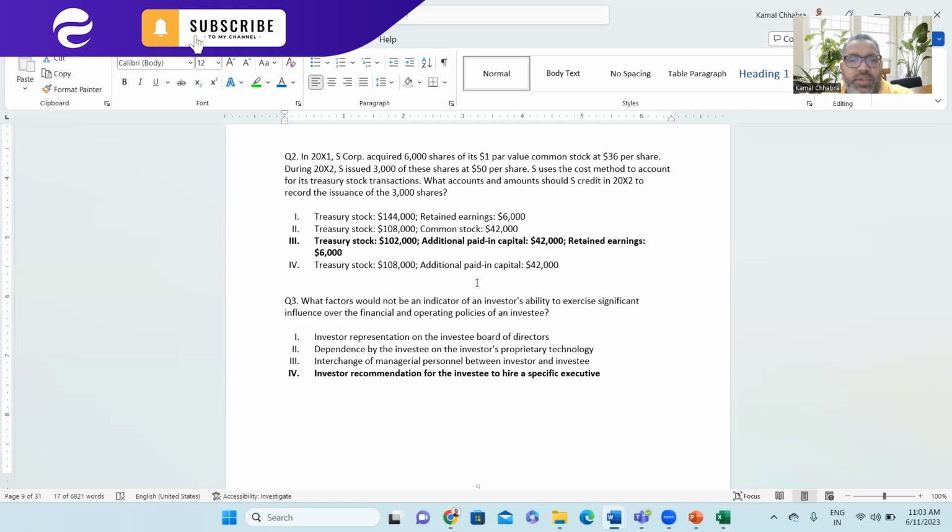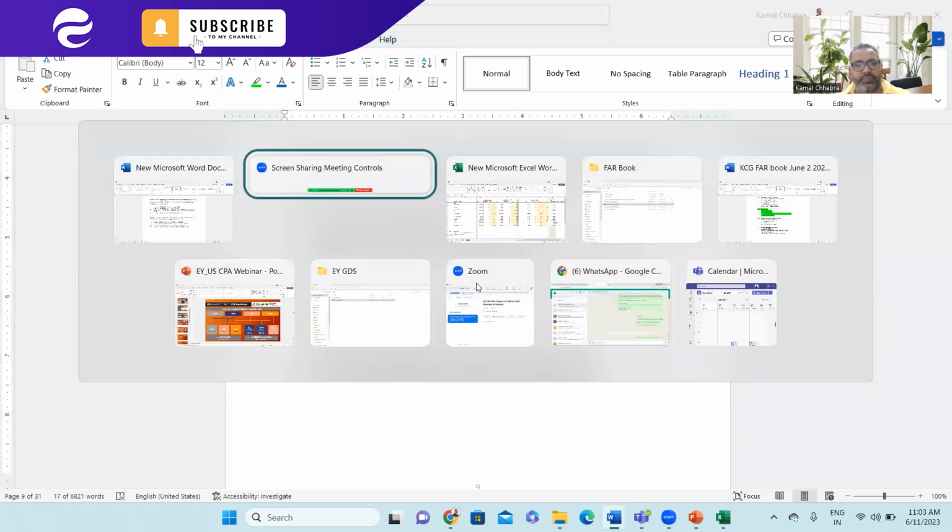The first option is treasury stock 144,000 and retained earnings 6,000. Second is treasury stock 108, common stock 42. Third is treasury stock 102, additional paid in capital 42 and retained earnings 6,000. Fourth is treasury stock 108, additional paid in capital. Let's do the math for it.